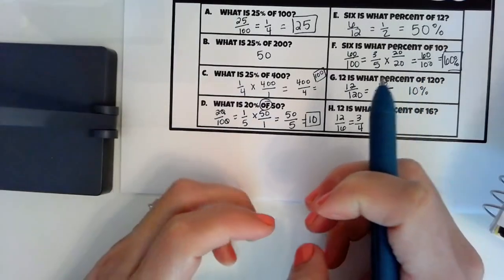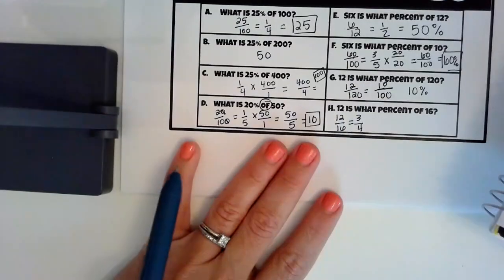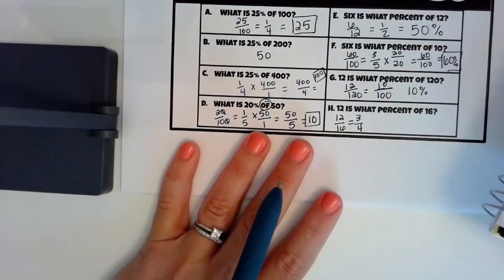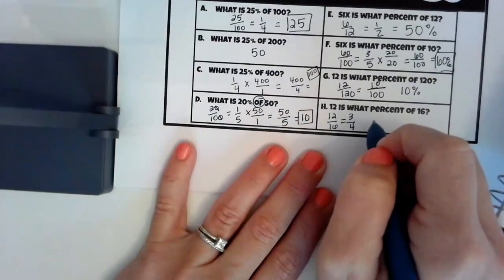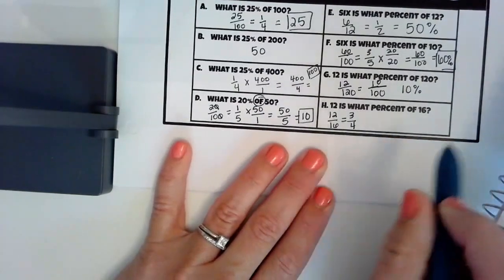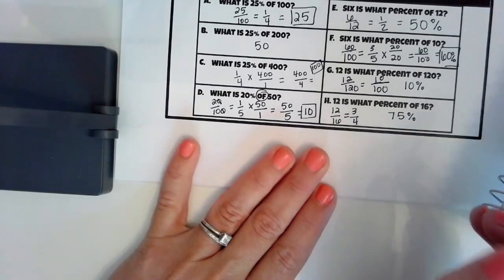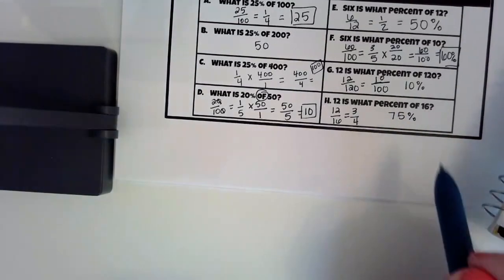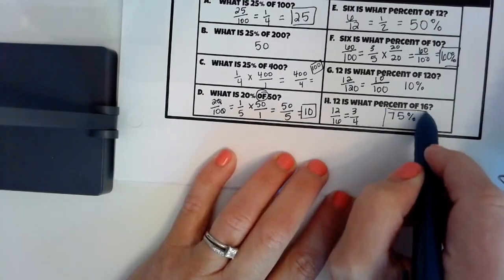So if we had 3 out of 4 quarters, let's count our quarters. 25, 50, 75. So 3/4 is also the same as 75%. So 12 is what percent of 16? 12 is 75% of 16.